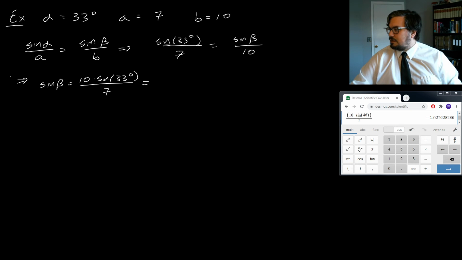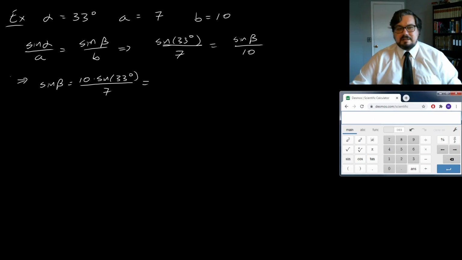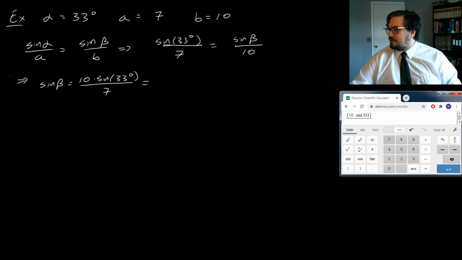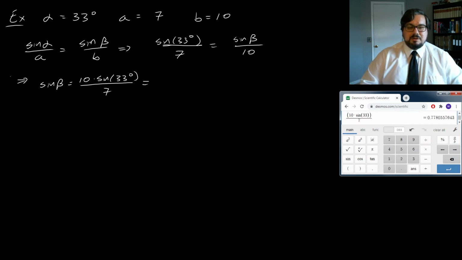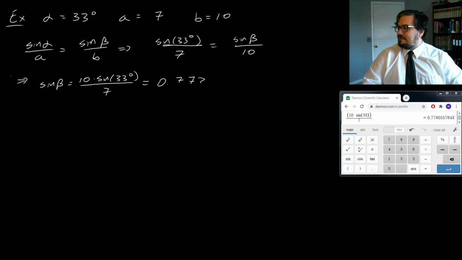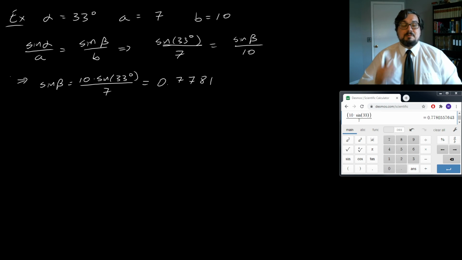Which gives us approximately 0.7781. I'm going to go ahead and keep things at 4 decimal places here throughout the problem. So sine of beta is 0.7781.